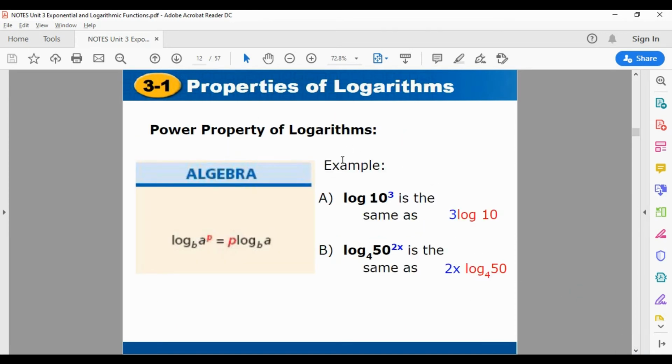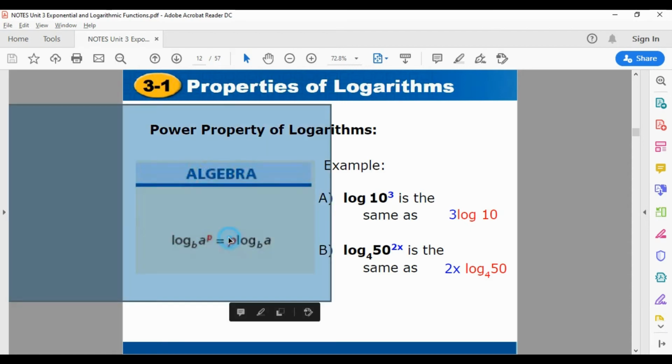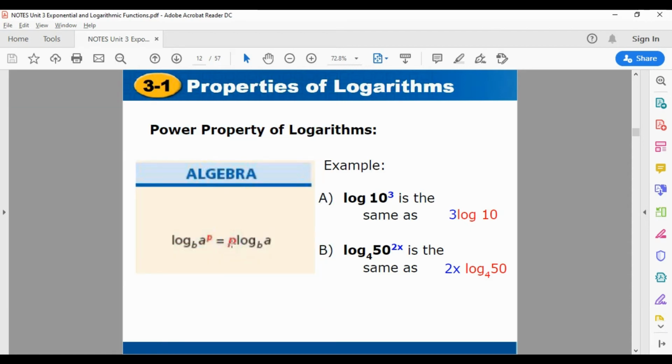The power properties of logarithms. If you have a logarithm of a number raised to a power, then you can take that power and move it out front, turning it into a product with the logarithm.